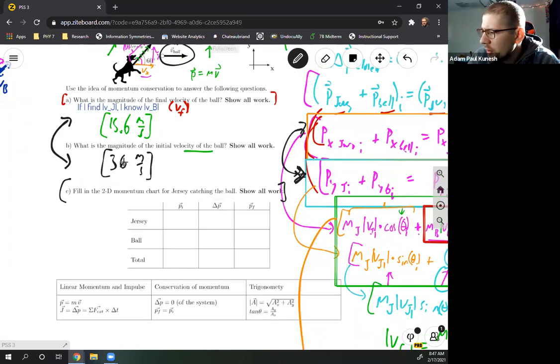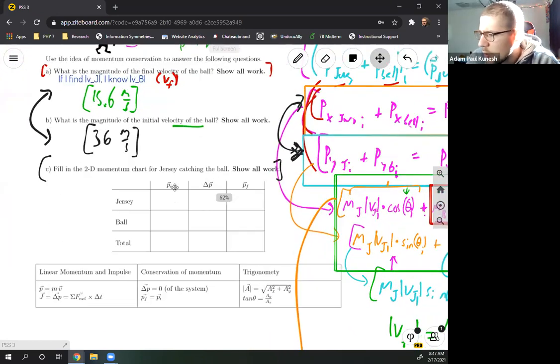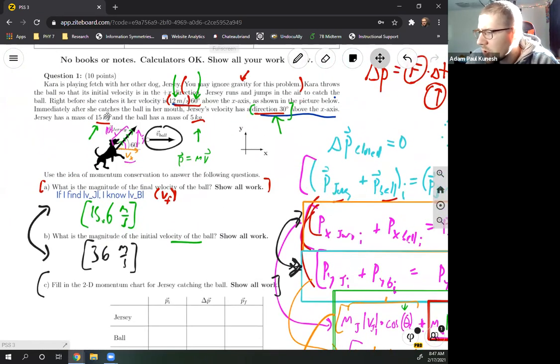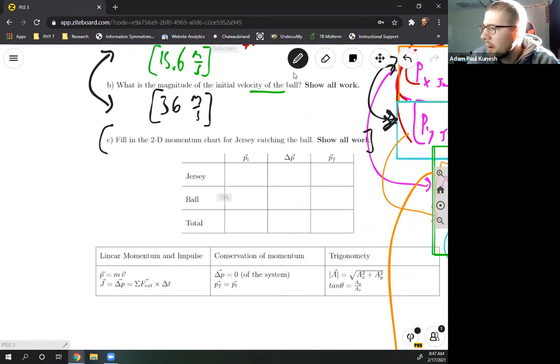So I know the initial and final velocities of everybody now. So that's kind of nice. So Jersey, I know first. Jersey has a magnitude of velocity of 12 meters per second. So Jersey's momentum, let's calculate it. Jersey momentum, Pj, is going to be the mass of Jersey times the velocity of Jersey.